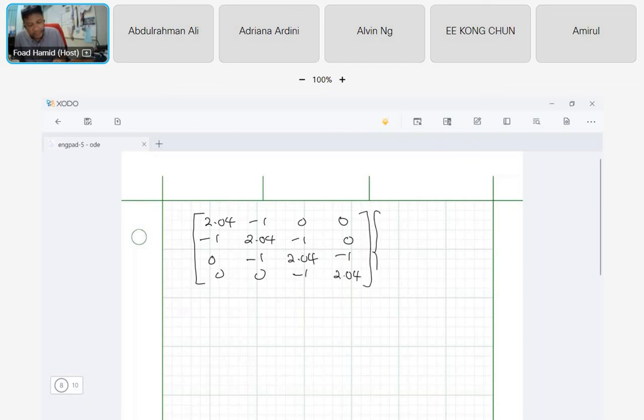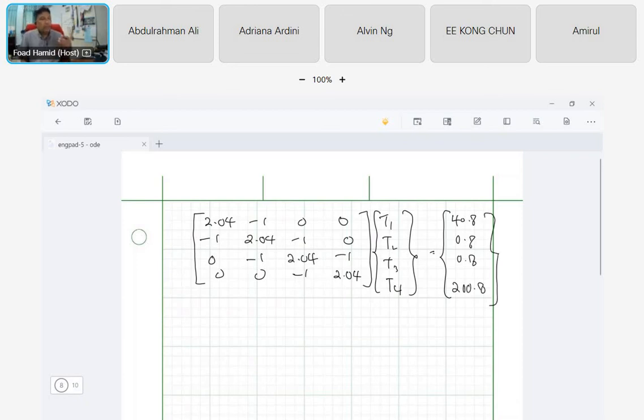Note these are the unknown temperatures, T1, T2, T3, T4, and the right-hand side is 40.8, 0.8, 0.8, and 200.8.